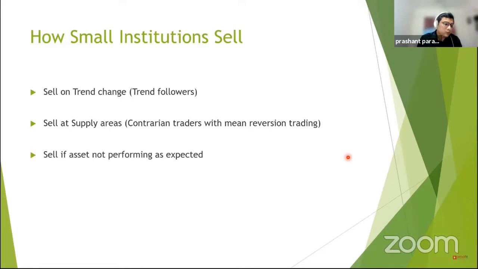Somebody has bought thinking that institutions have accumulated and now it is going to go higher, and that stock does not perform for 10 days, 15 days, or whatever time frame is pre-decided. Then that person or institution exits that asset thinking that this is my time stop and I will exit because it is not performing as expected. So basically these smart people and institutional people have rules and they follow those rules.